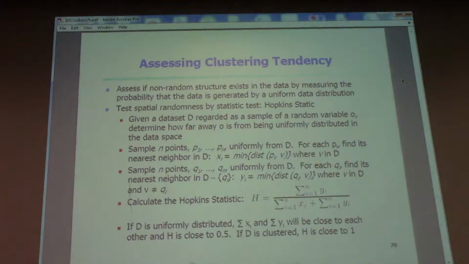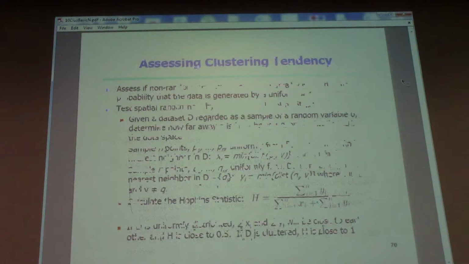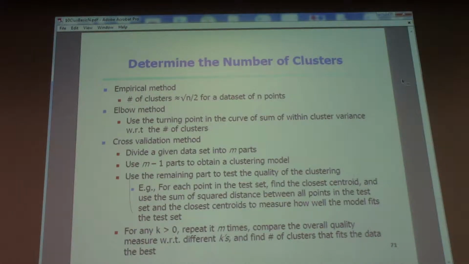Then evaluation. No matter what type of clustering algorithm you have, we need to evaluate the clustering algorithm. One of the main problems of clustering is how many clusters we have. The empirical result shows it is the square root of half of the data, but it's just an empirical result, not in general.